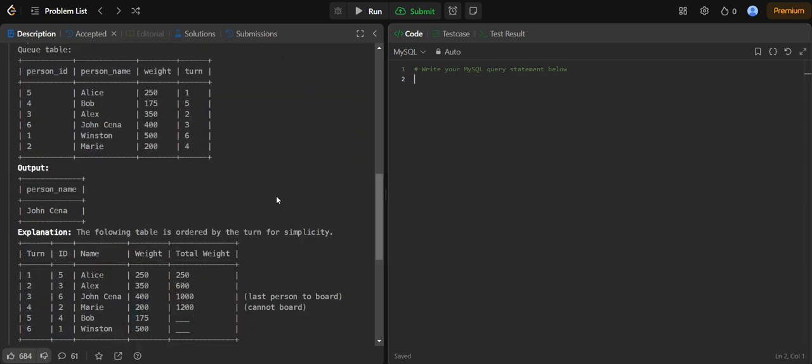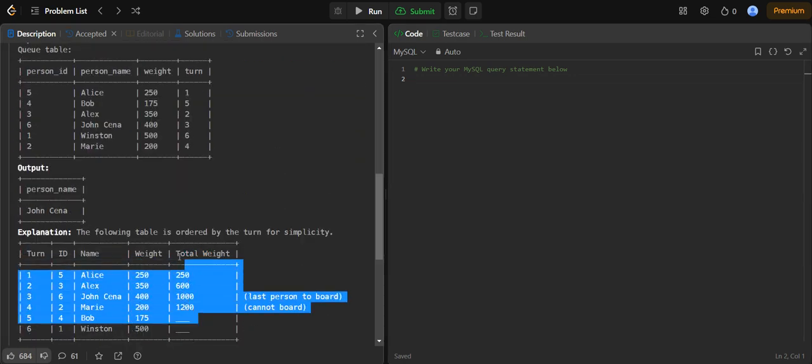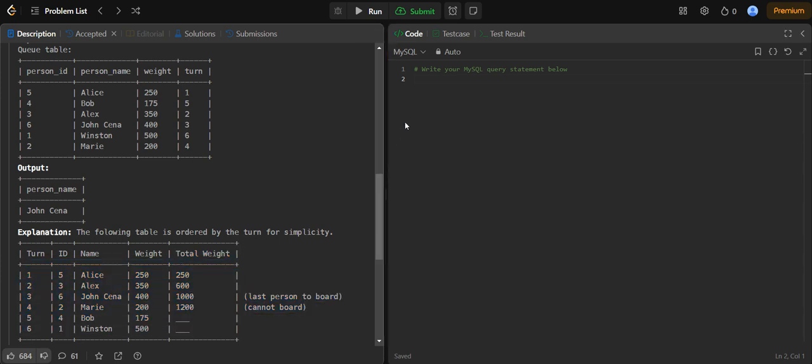So first, inside a CTE, I will find this total weight column. I can do it using a subquery also, but I prefer doing it by CTE.